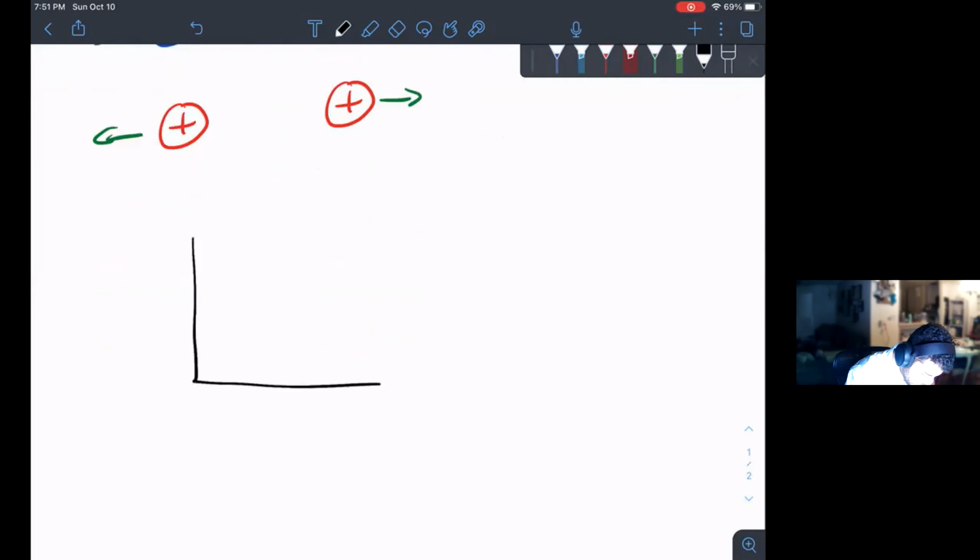If we look at the force versus charge, it is what we would say linear.